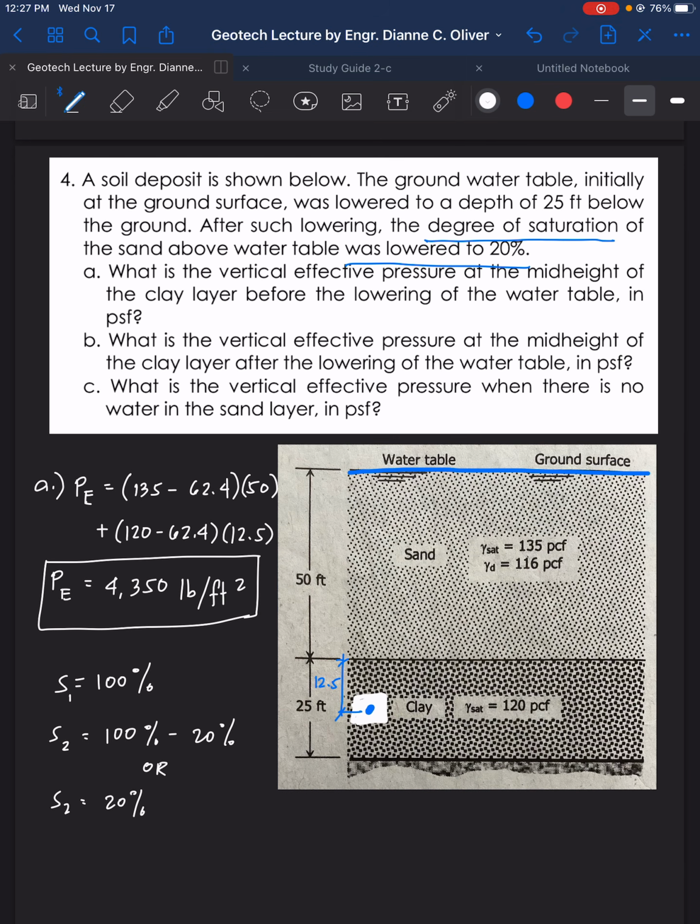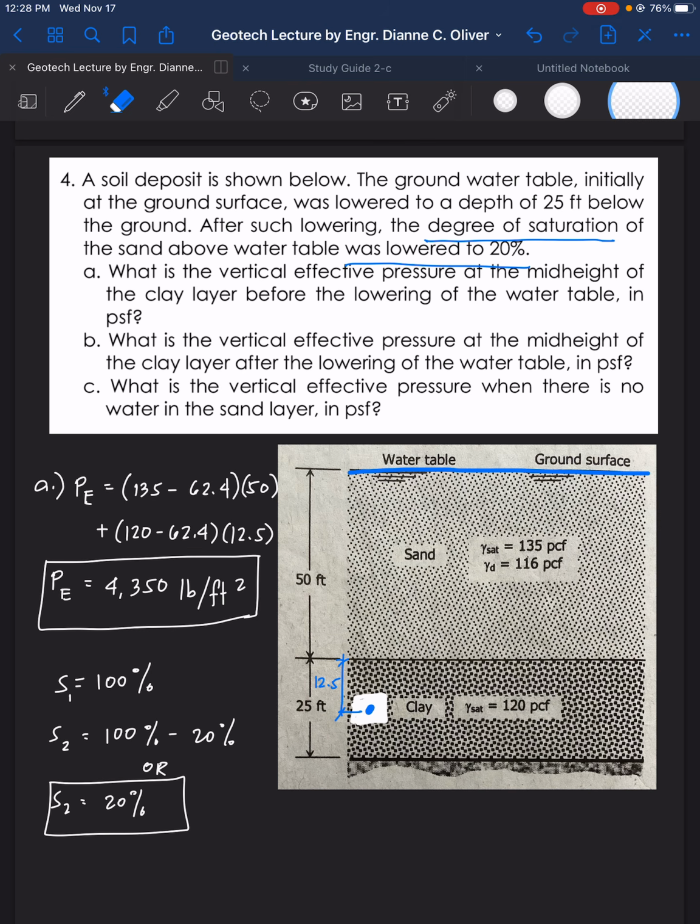So it says lowered to 20%. So this is the correct condition for S2, the degree of saturation 2. So we have S2 is equal to 20%. We can also use the wording reduced to.